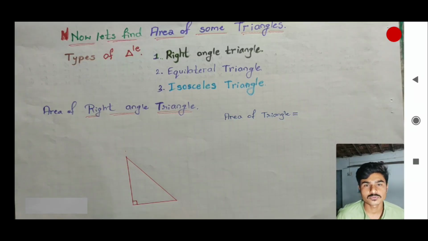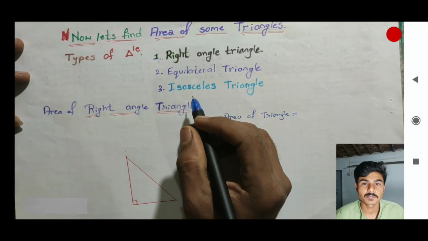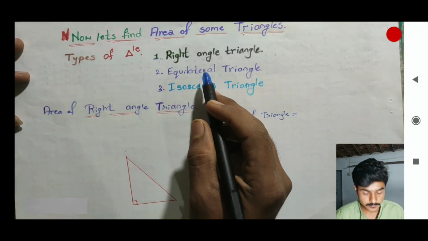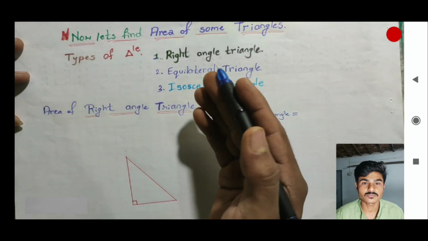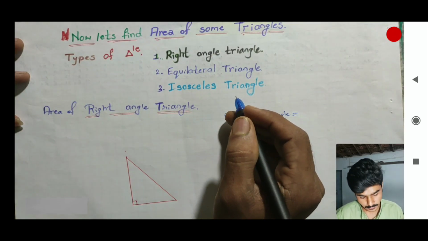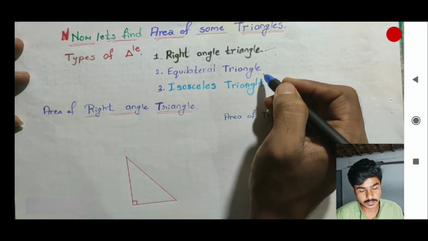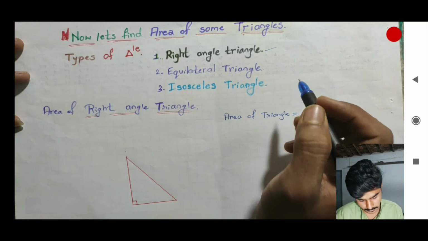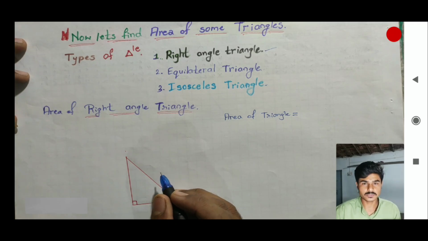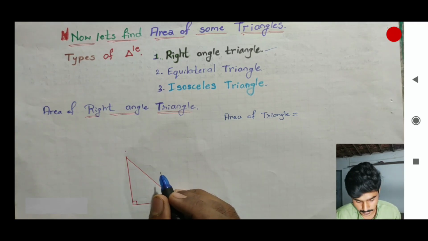Let us move on to the next part. In this part, let us find out the areas of some triangles, such as right angle triangle, equilateral triangle, and isosceles triangle. To begin with, let us find out the area of the right angle triangle.